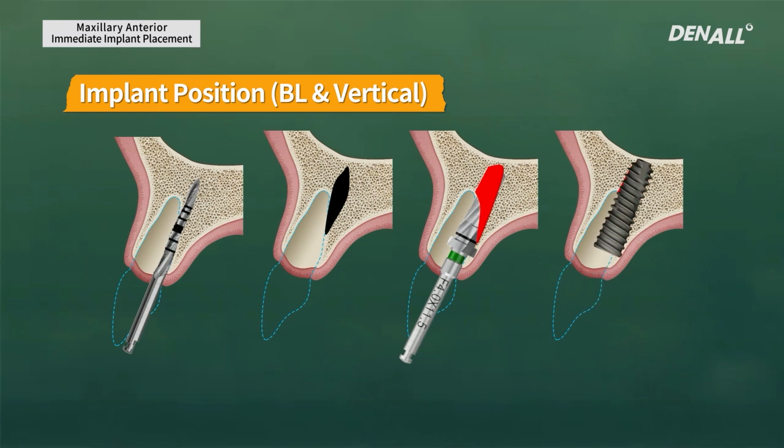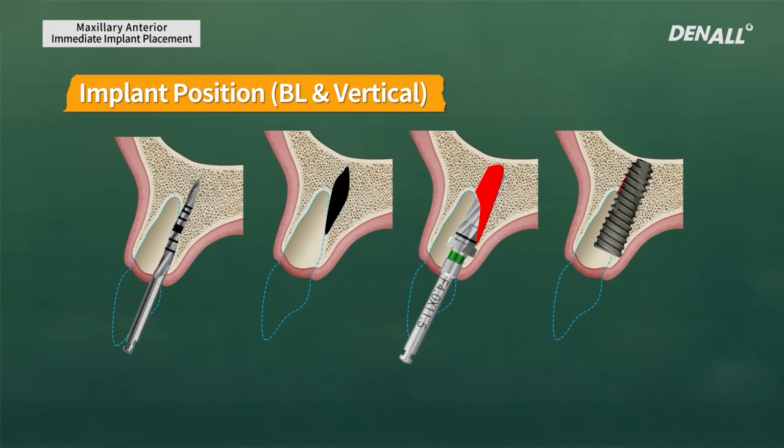Of course, in this case also, as you can see, it is placed only contacting the palatal wall, so there is hardly any resistance from the labial side. So the implant would probably be pushed to the labial side in terms of the angle. Therefore, we need to pay extra attention to the angle of the implant placed.